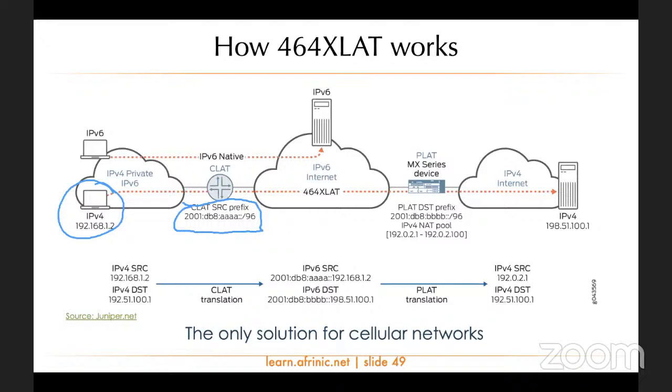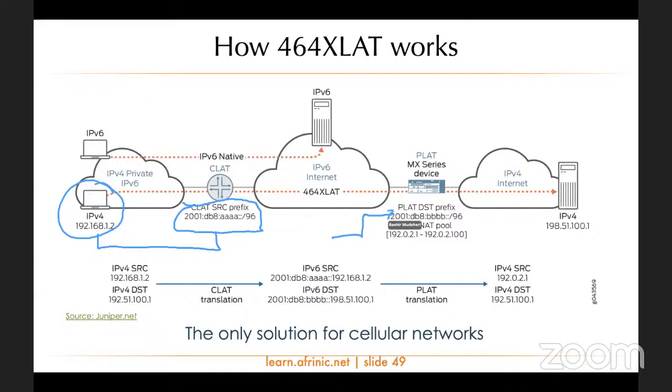This prefix is going to be used to translate the source IPv4 address. Then we also need another prefix, which is going to be used to translate the destination IPv4 address. And this is the prefix that is configured on the PLAT.